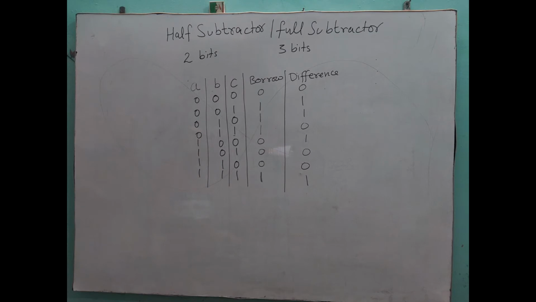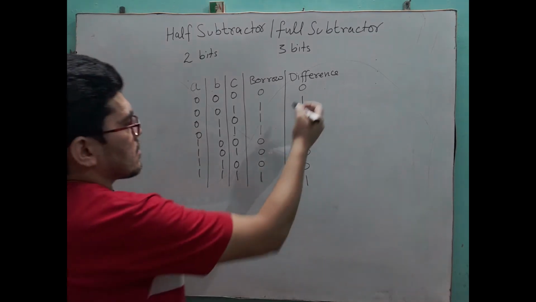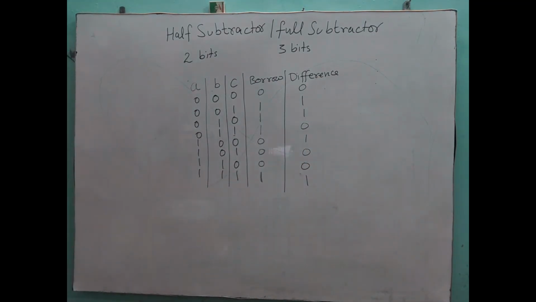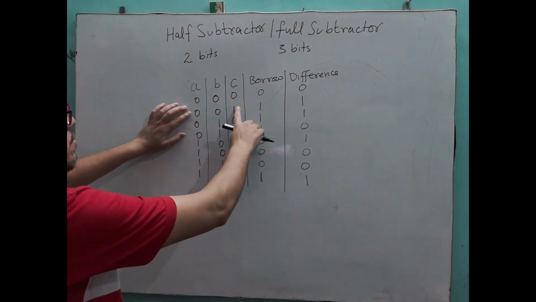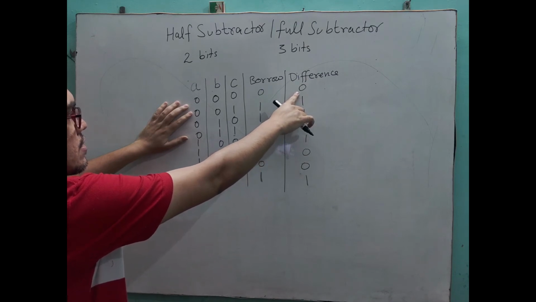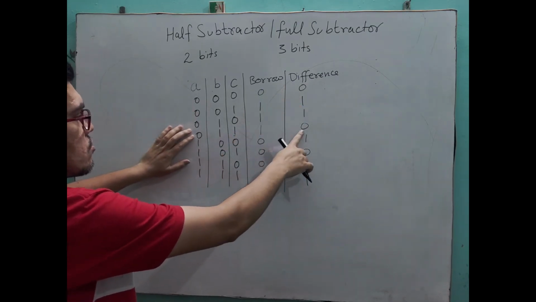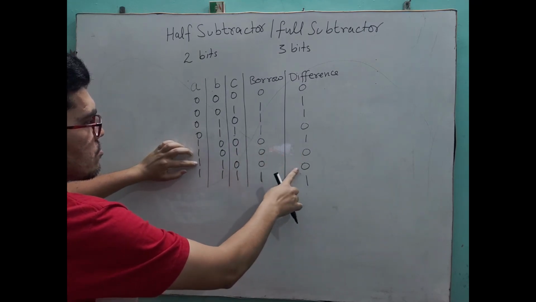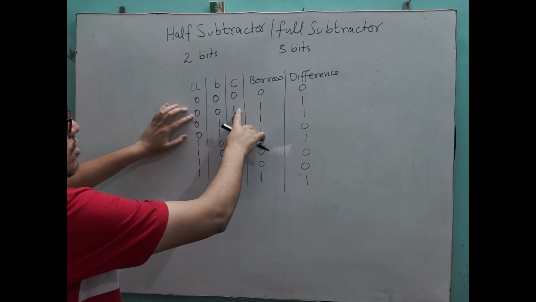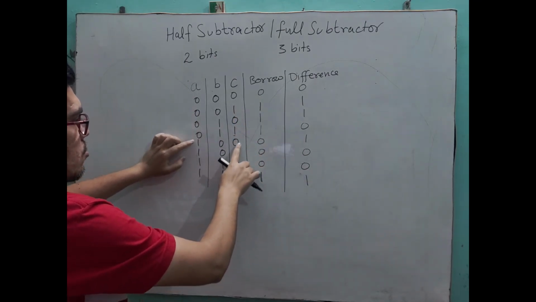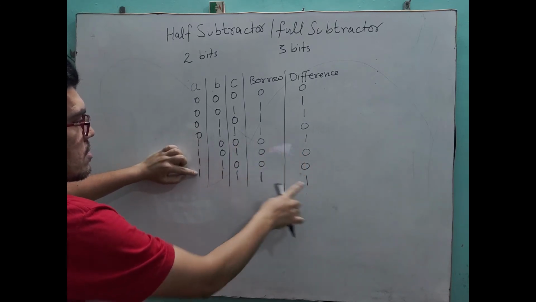Now here you can easily see that this difference is nothing but XOR gate. See, if number of 1s is even, then 0, number of 1s is even, 0, number of 1s is even, 0, number of 1s is even, 0, number of 1s is odd, 1, number of 1s is odd, 1, number of 1s is odd, 1, number of 1s is odd, 1.